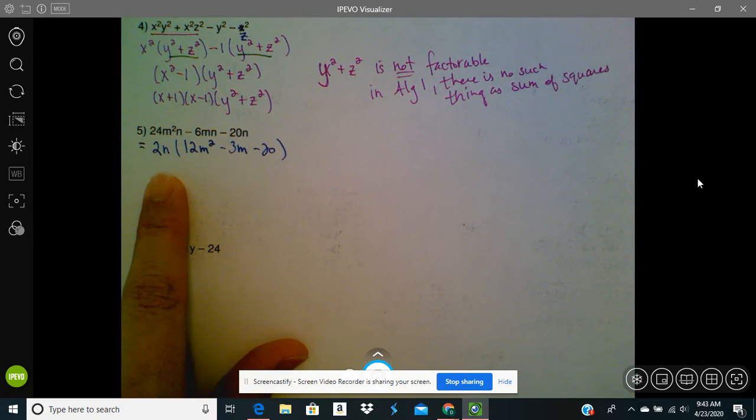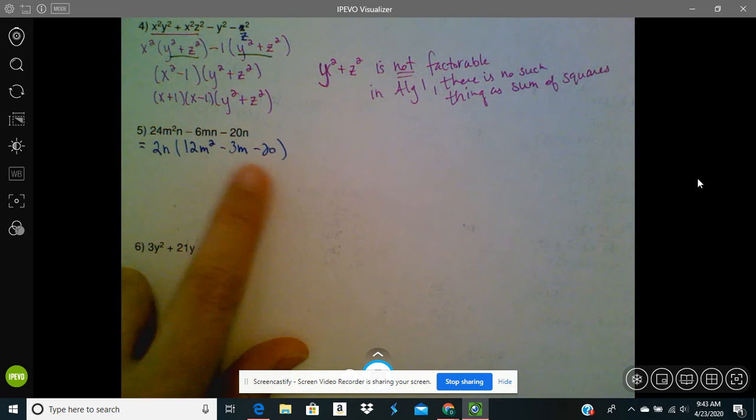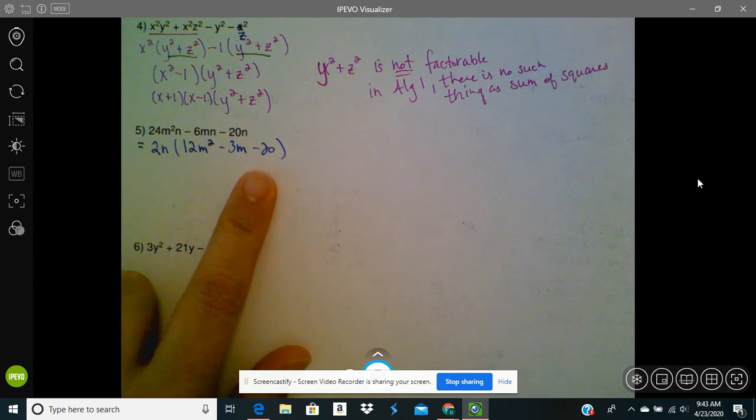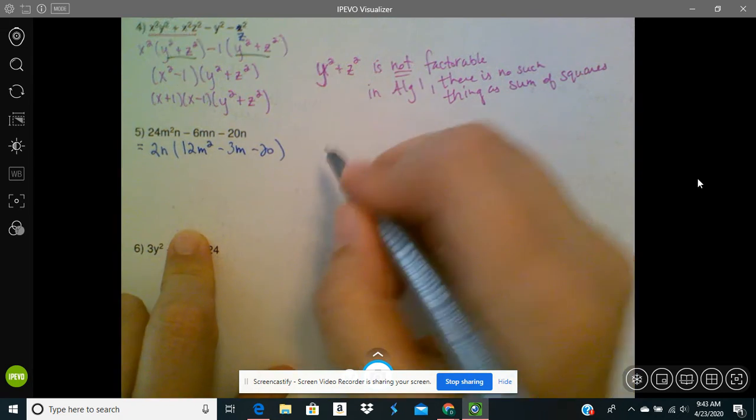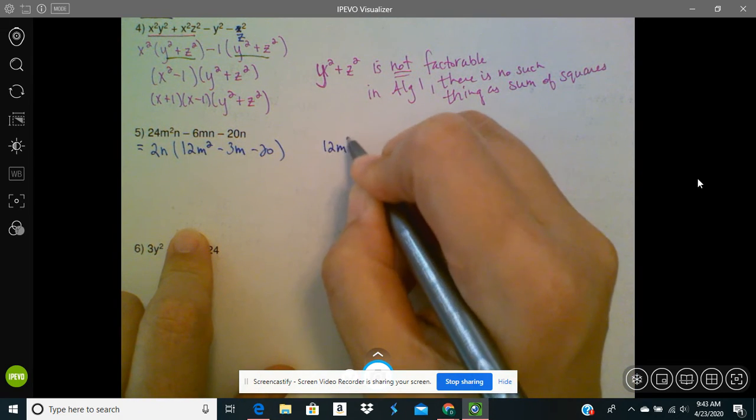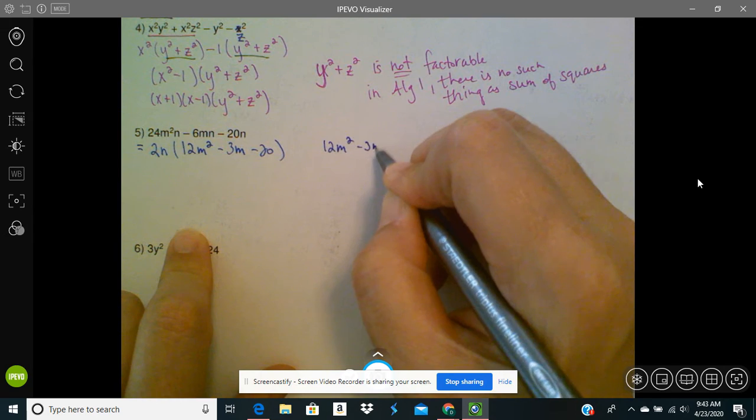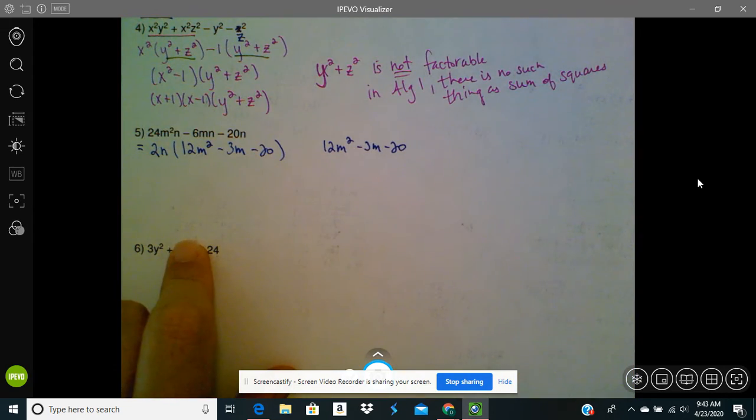When I have 3 terms, I look for product sum. I can't do product sum because there's a 12 here. So I'm going to look at split the middle. Let me go and tell you, spoiler alert, it's not a square because 12 is not a square, 20 is not a square. So the only other option we have is split the middle. Okay, so let's look at 12m squared minus 3m minus 20.